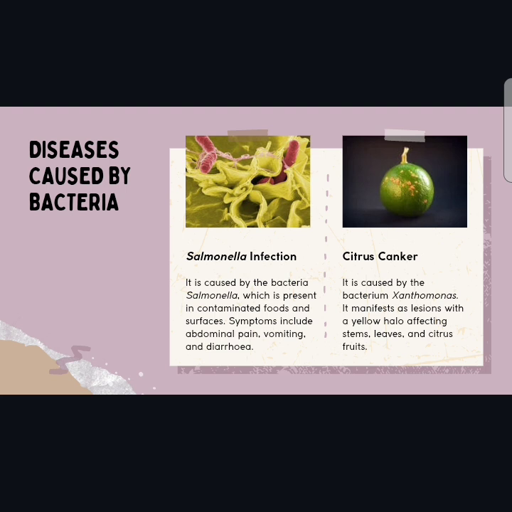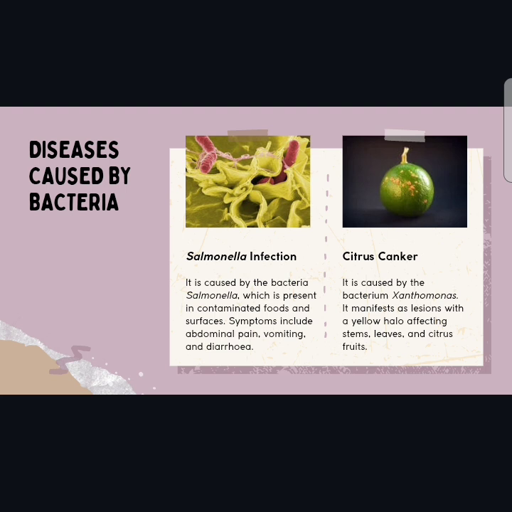In humans, they often target the digestive system and can cause diarrheal diseases in your body. And in plants, they damage tissues and reduce productivity, their yield, the quality of the crop, and the quantity of the crop.